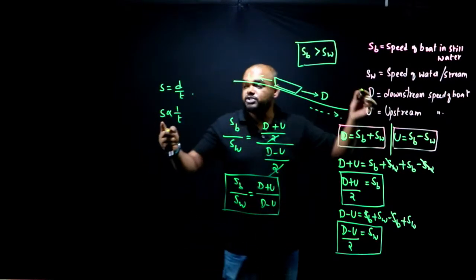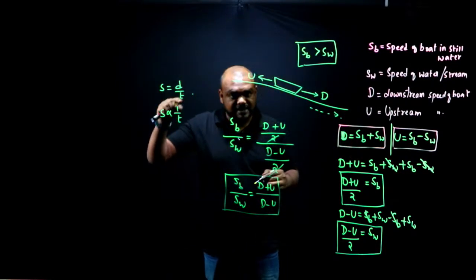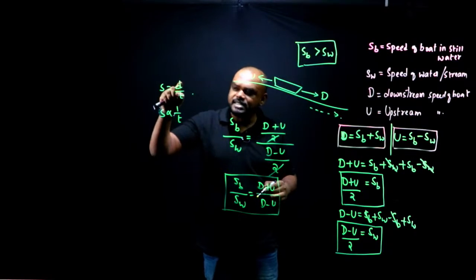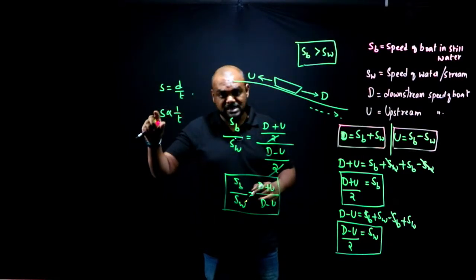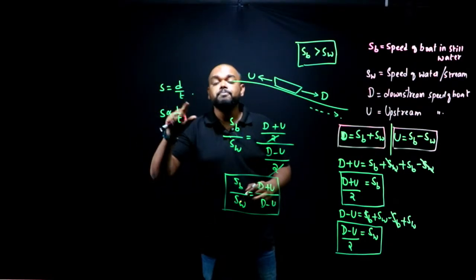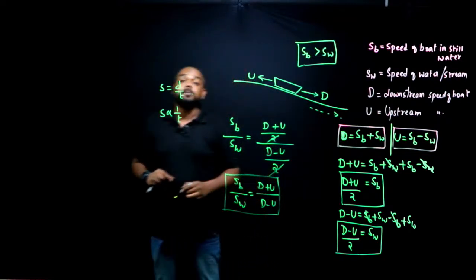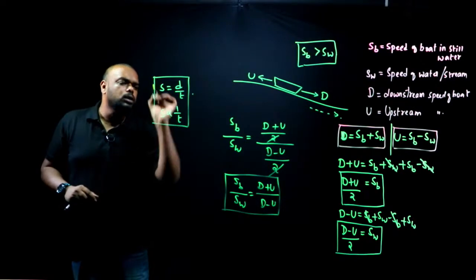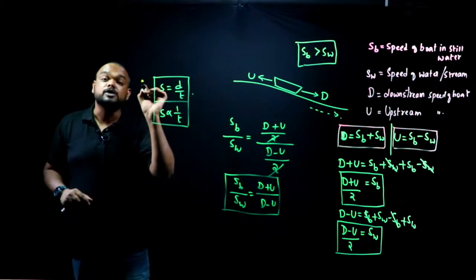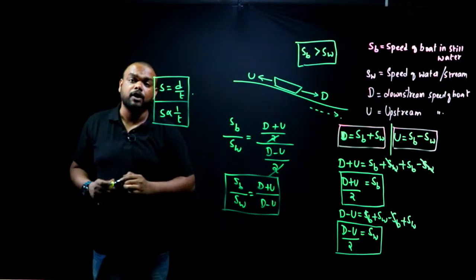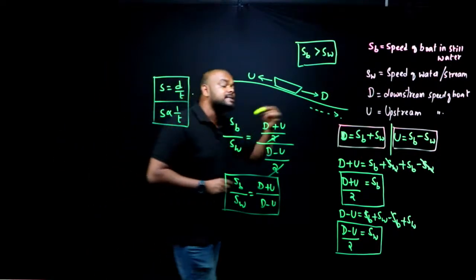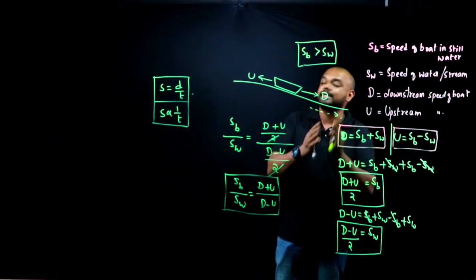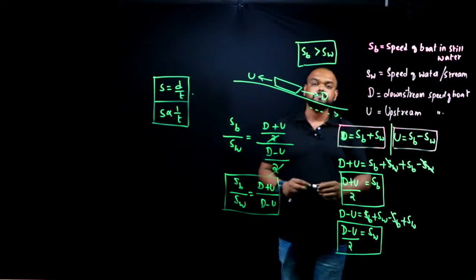Downstream speed can also be distance by time taken, upstream speed can also be distance by time taken. Again, downstream is inversely proportional to time taken, even the upstream is also inversely proportional to the time taken. For any speed, people, this will always hold good irrespective of the concept we are discussing. Okay, so this is the complete base of boats and streams. Copy this, we shall get started with the problems, guys.